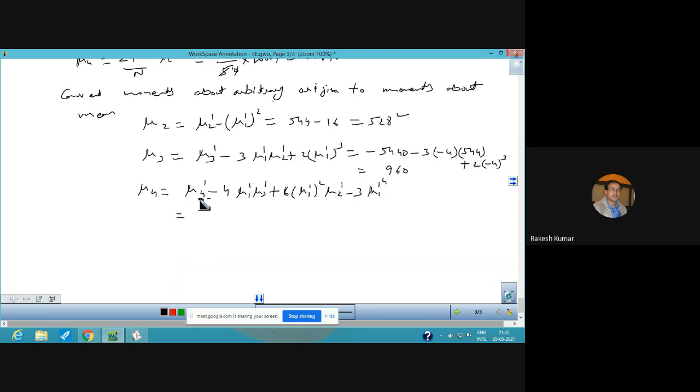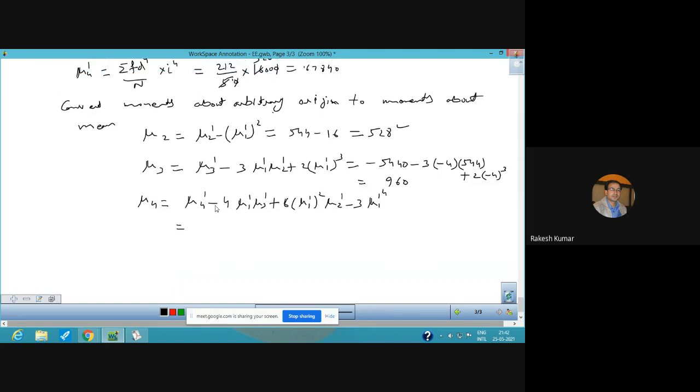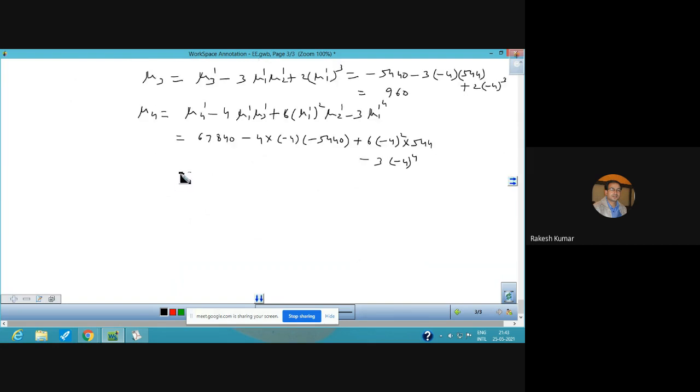Now you can put the values here also. So mu4 dash is this, 67840 minus 4 into negative 4, and mu3 dash is minus 5440, plus 6 times negative 4 square into mu2 dash, and mu2 dash is 544, minus 3 negative 4 whole power 4. So you can have this.